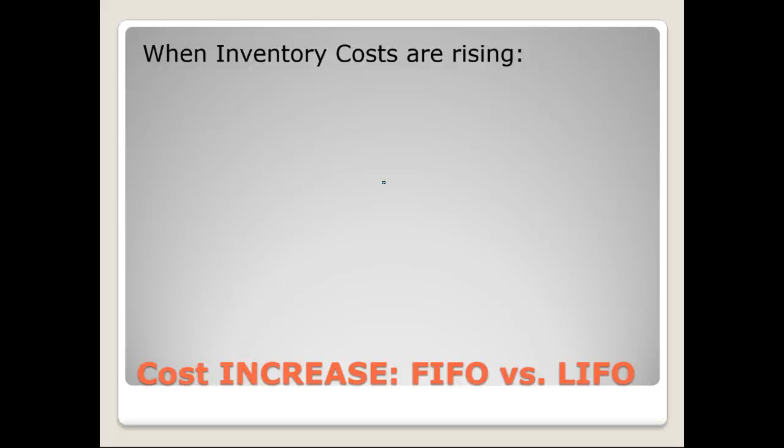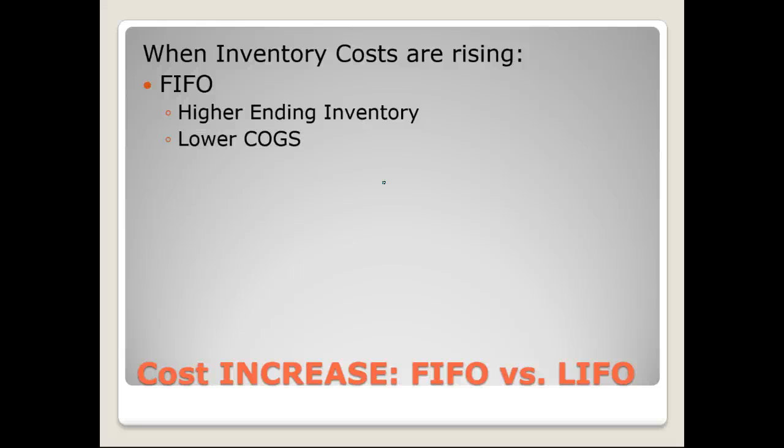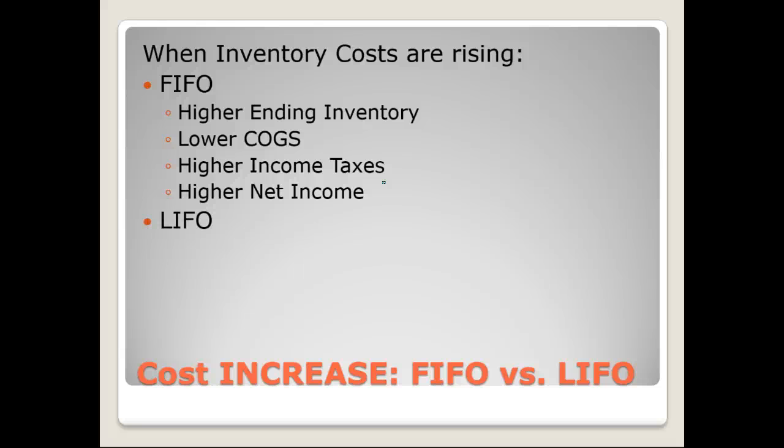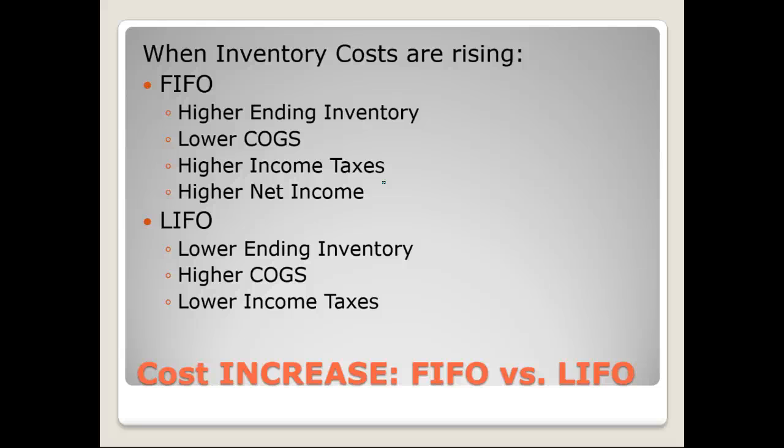When the per unit cost of your goods in inventory is rising, using the FIFO method will give you a higher cost of ending inventory, lower cost of goods sold, higher income taxes, and higher net income. Whereas LIFO will give you lower value to your ending inventory, a higher COGS, meaning higher expenses, thus lower income taxes and lower net income.